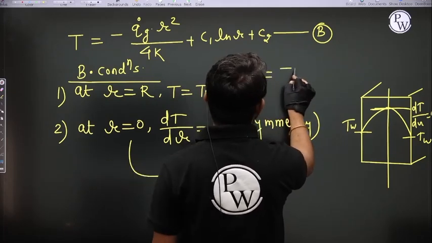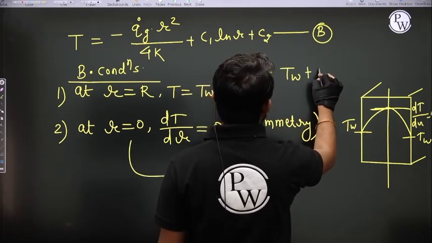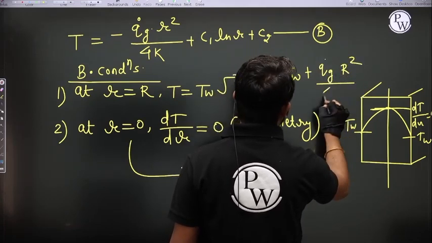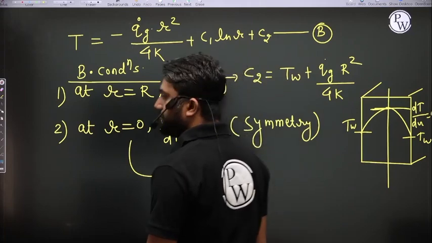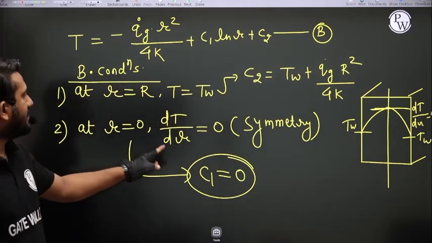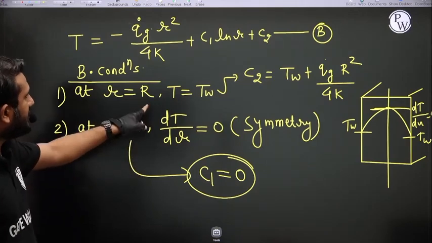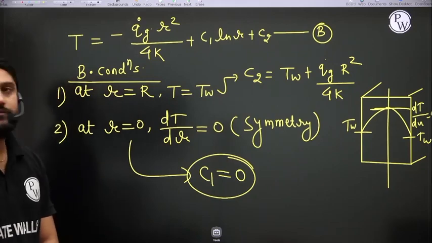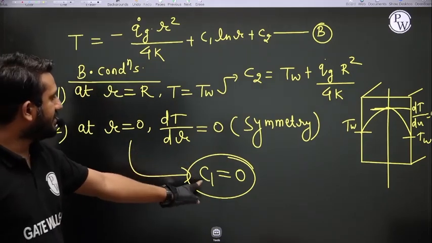This T is TW, so C2 is equal to TW plus q dot G R square by 4K, because the C1 term is 0. And from the second boundary condition, C1 is equal to 0.